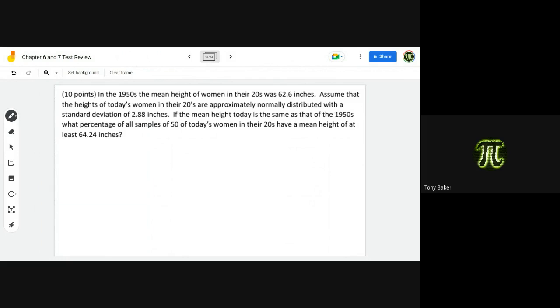All right. We're looking at what's the mean. We'll start with that because 2 things we need: mean and standard deviation. What's the mean? 62.6. That's my sample mean. My original standard deviation was 2.88, correct?